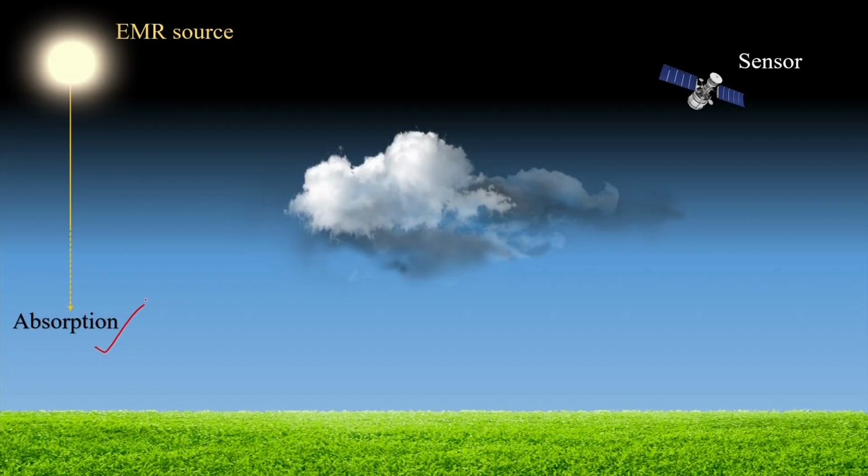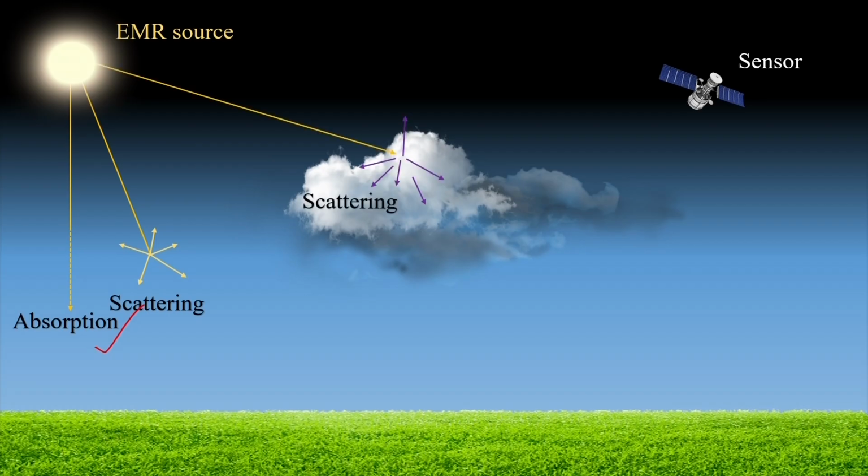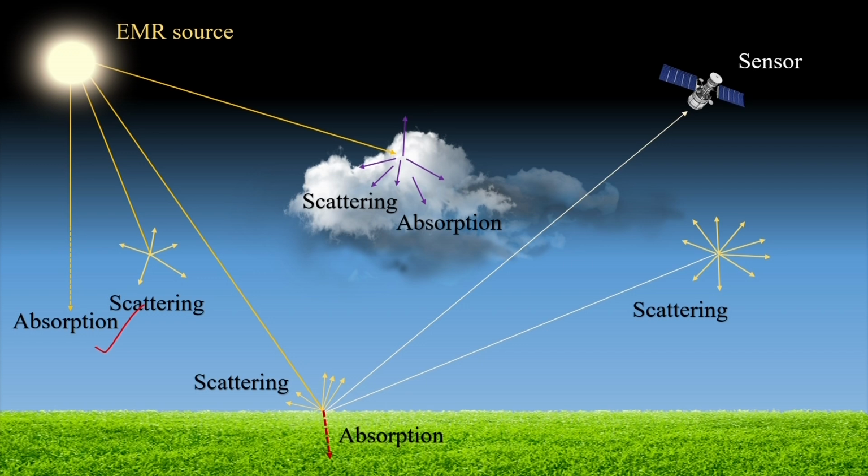Those things are present in our atmosphere, and they cause absorption and scattering. This is by our atmospheric constituents. At the same time we have scattering, and sometimes it is because of the cloud.